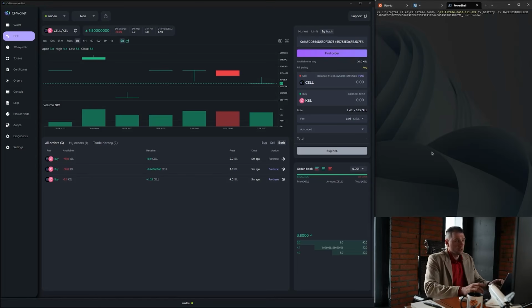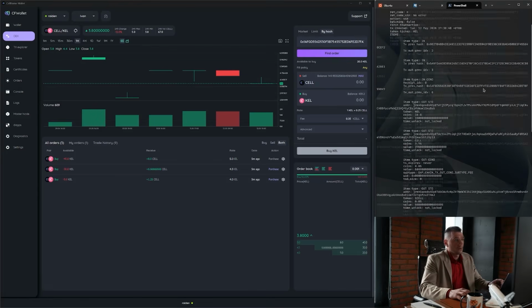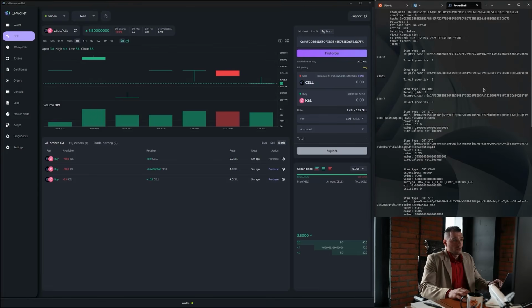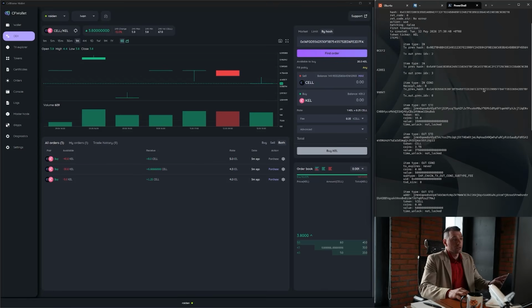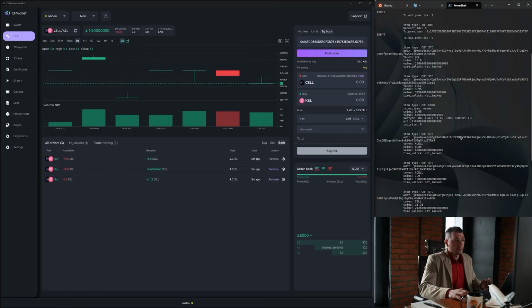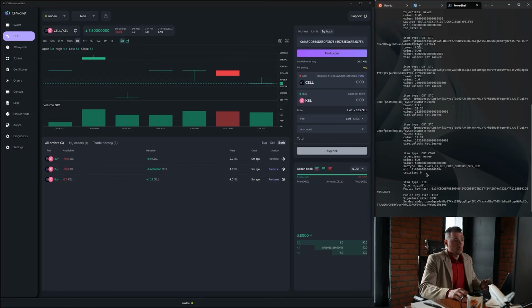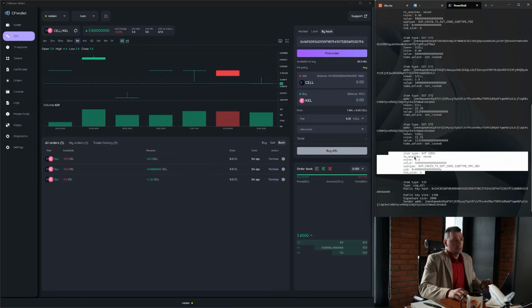Yes, it's already accepted. So the partial purchase is also a transaction. It legally spends the conditional output, uses it as an input. And here the order did not disappear. The filled part is settled and the remainder, 5.0 Kel, is still locked in the output under the same DEX rules.